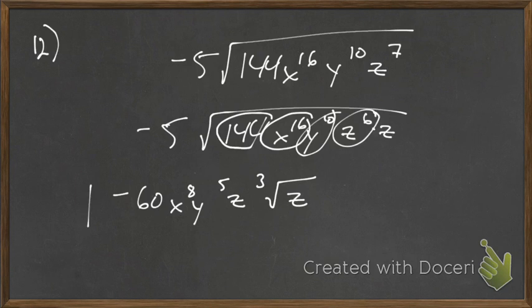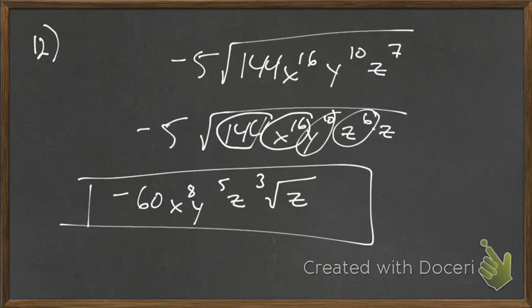Just a square root of z. Yeah, exponents are different than just straight up numbers, right? I multiplied negative 5 times my 12, which is negative 60.